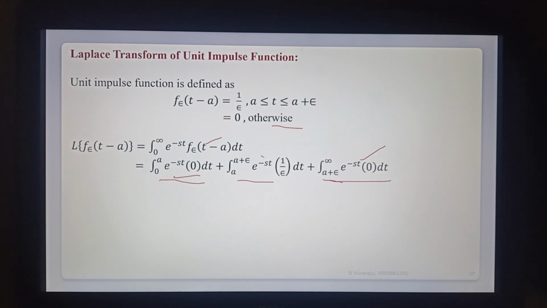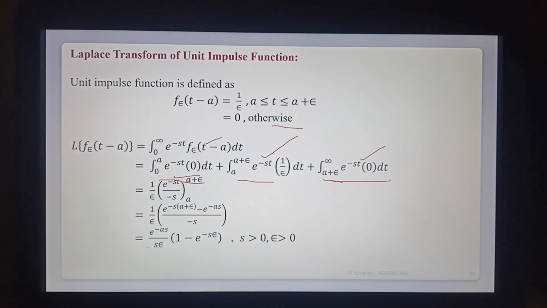So now integrating this one. 1 by epsilon is a constant. So 1 by epsilon into the integration of e power minus st, which is e power minus st by minus s, from a to a plus epsilon. That is equal to 1 by epsilon, first the upper limit a plus epsilon: e power minus s into a plus epsilon, minus e power minus as, by minus s.